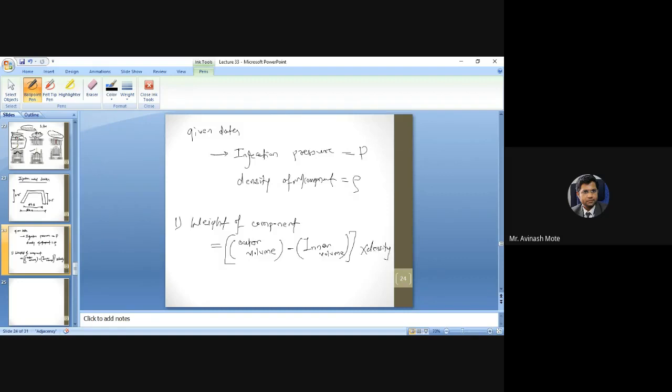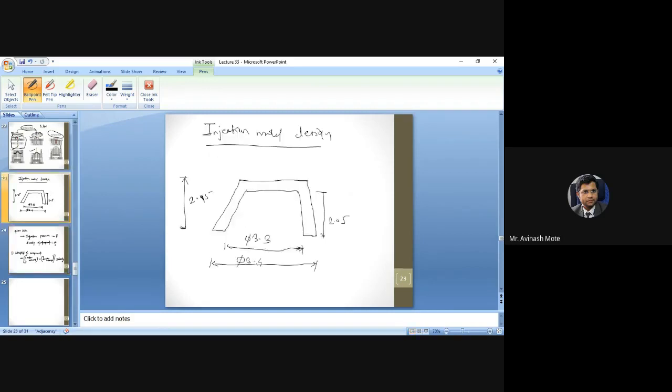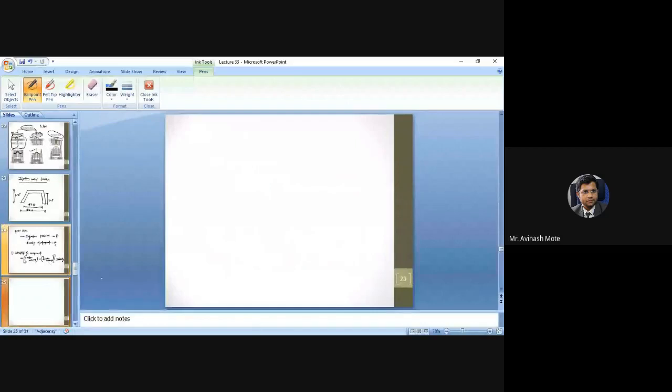So the first part you have to calculate is the weight of the component. Just calculate the outer volume and the inner volume, subtract, and multiply with the density. Outer volume here will be with respect to 3.4 diameter and inner volume with respect to 3.3 diameter. With the example we are understanding, and we will solve the problem also, no problem. Through that you will get the weight of the component.